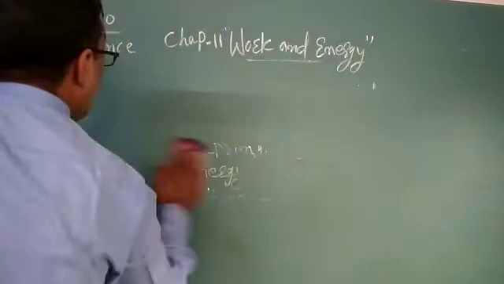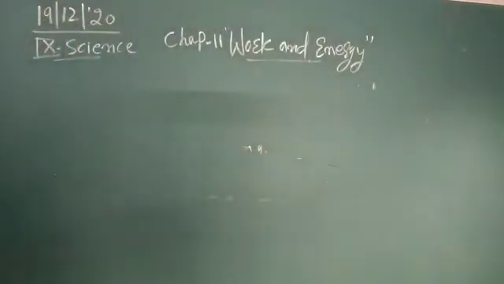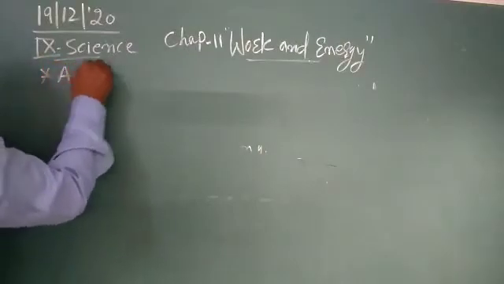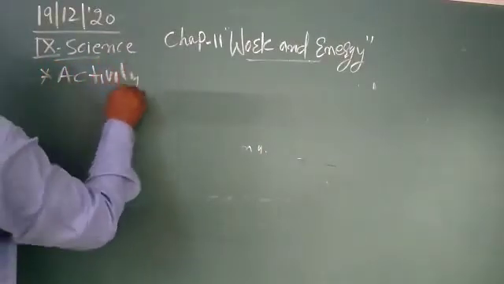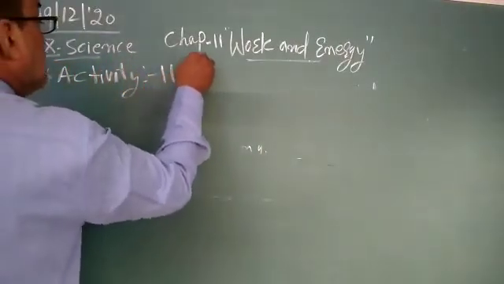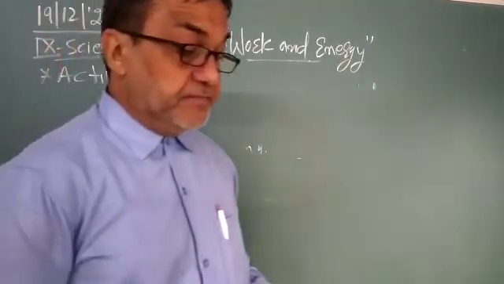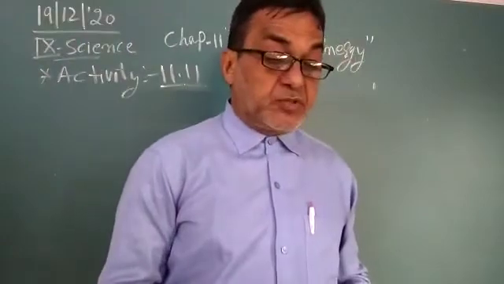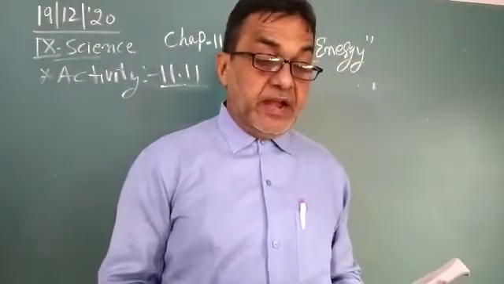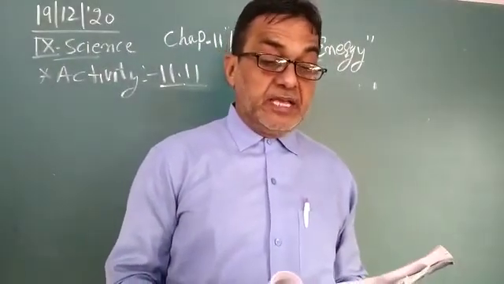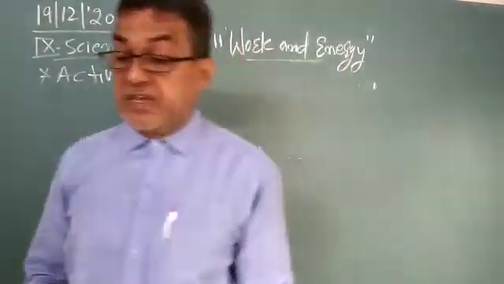In this activity, take your page number 152, activity number 11.11. Now in this activity, lift the object through a certain height and release it, and work is done as it falls.